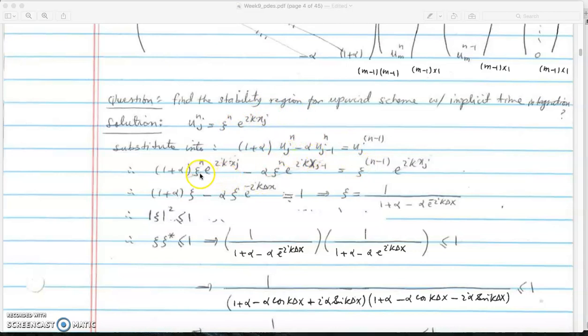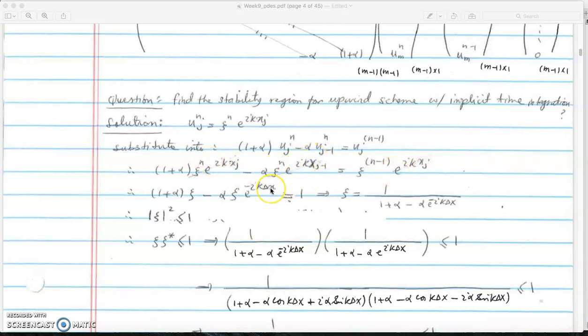So the first term is going to be C raised to the n power, exponential of i k x_j, from here. This term will be C raised to the n power because that's the index in time, and then i k x_j minus 1. This term is the same with the exponent of n minus 1, and then i k x_j. We can cancel out e to the i k x_j from both sides.